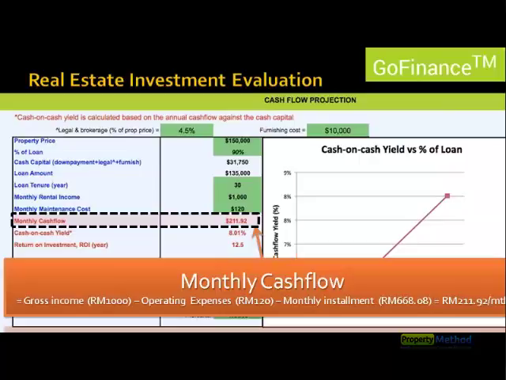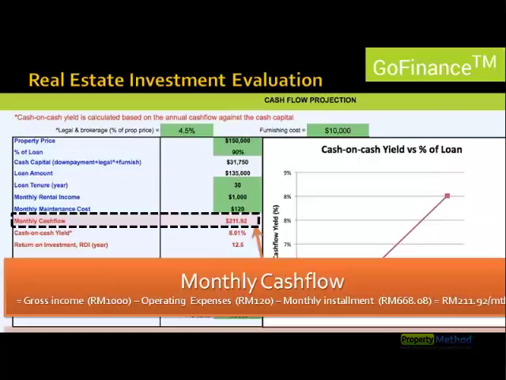So this is the monthly cash flow that we can expect from the investment of this apartment from Mr. Seller. In other words, our annual cash income from the property will be about 2,543 ringgit. We just multiply the monthly cash flow times 12 months.